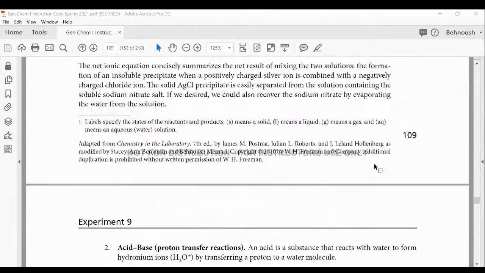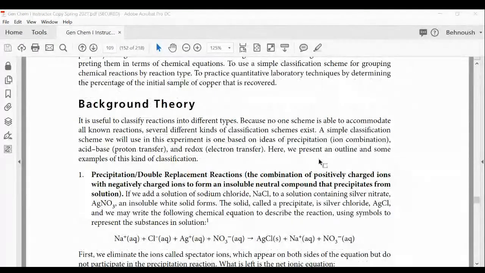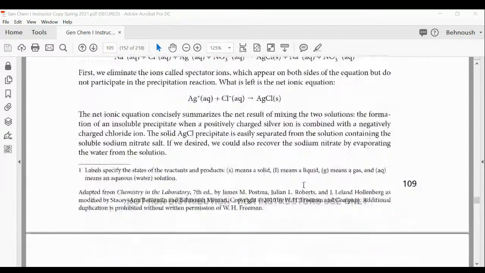The second purpose for this experiment is to learn about different types of reactions. So you could have precipitation reactions or double displacement reactions. You could have combination, decomposition reactions, acid-base or neutralization reactions.